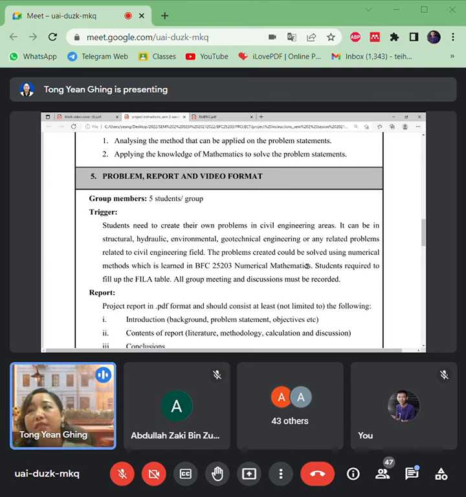So as a civil engineer, maybe you can solve, let's say, the problem of that particular stream, that river. You can get from Google Maps how long the river is, and then the width of the river, which you can approximate, and then the depth.